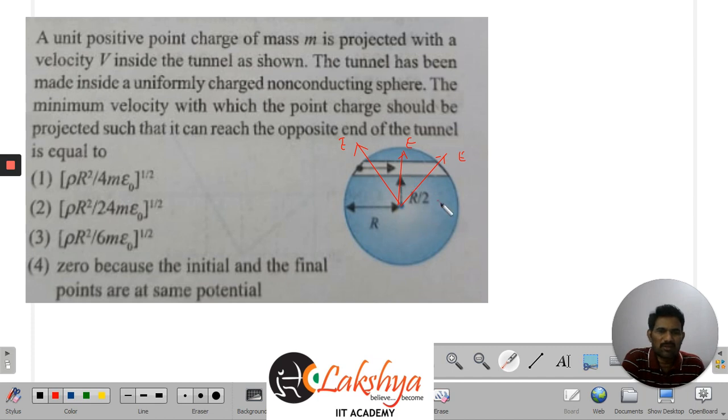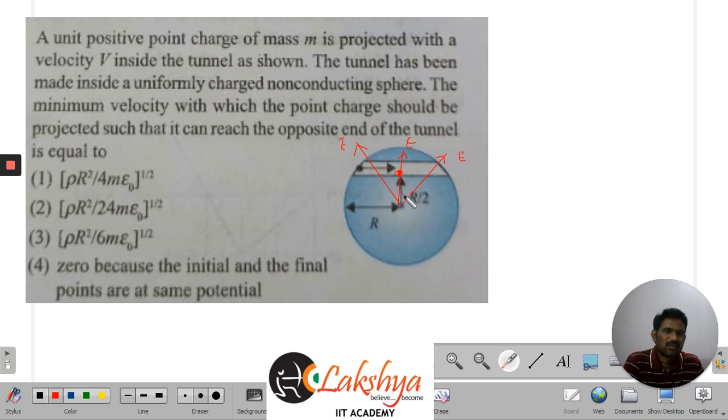What is our minimum condition? The minimum condition is just that it is able to cross the center of the tunnel. If it crosses this point, then automatically, because of this repulsive force, it reaches the other end of the tunnel. So our condition is that we should project the particle with the minimum velocity such that it just reaches this point.